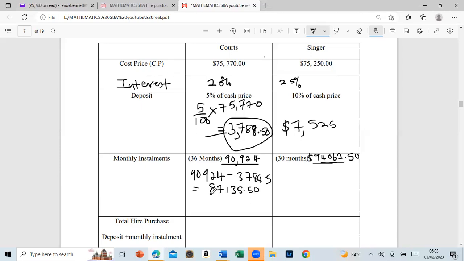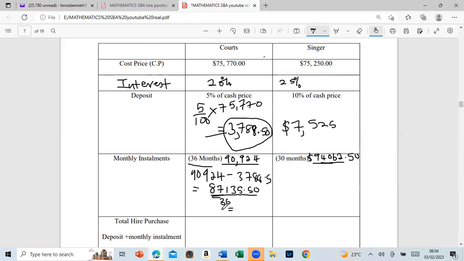Now think about it, guys. You're going to pay this over a 36-month period. So what you need to do is to divide this by 36, and that will tell you how much you need to pay each month. Can't be any simpler. So we divide by 36 because it's 36 months. So each month you're going to be paying a fixed amount.